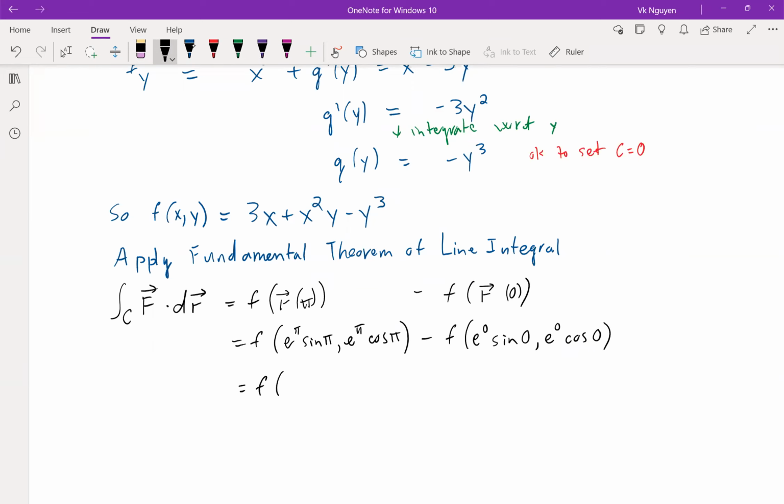f of 0 and negative e to the pi. f of 0, 1.